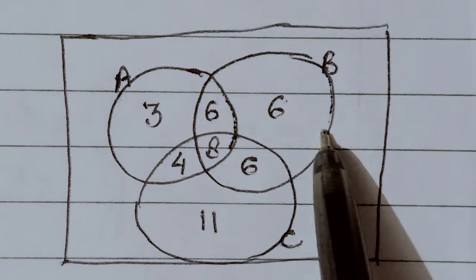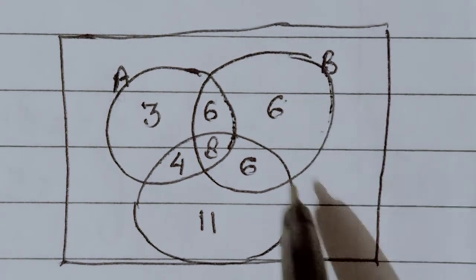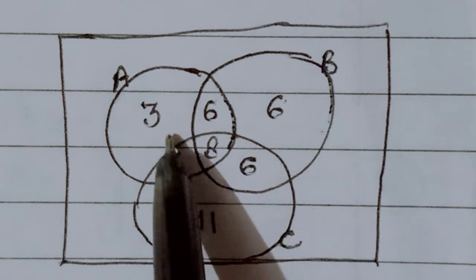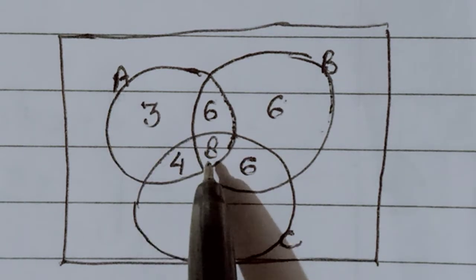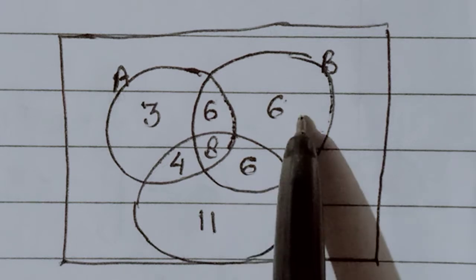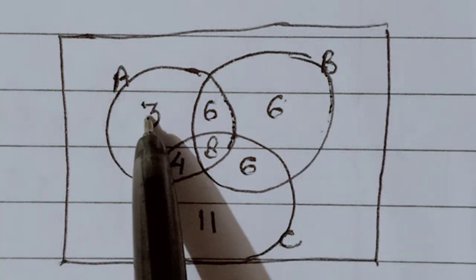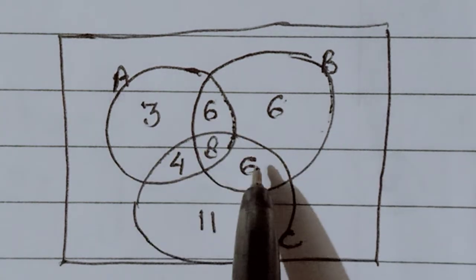So this is your B and C. So for B and C, 14 like B and C, out of which 8 are liking A also. So those 8 you will remove from 14. So the leftover 6 will be liking only B and C and not A. So that is how you will fit in this.